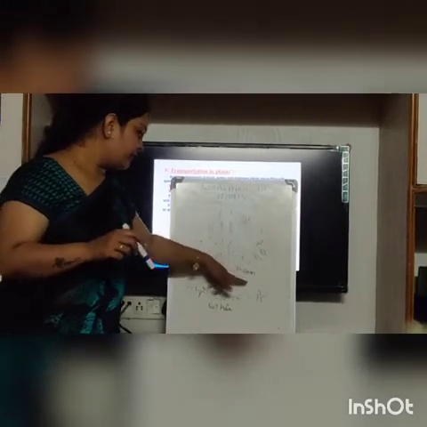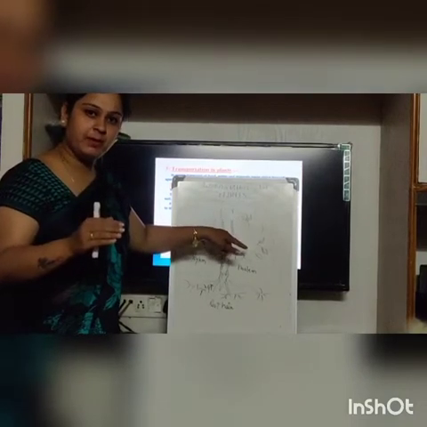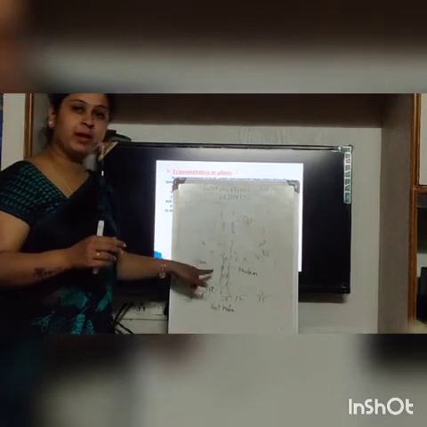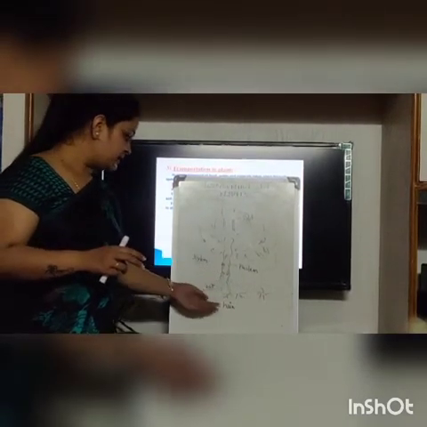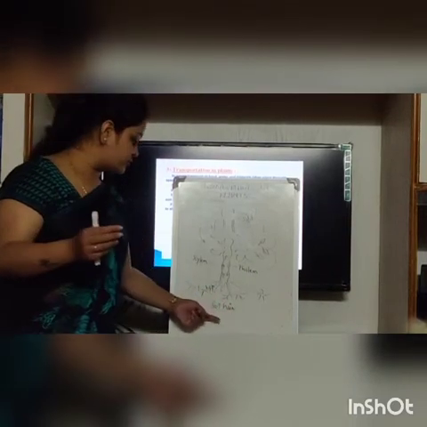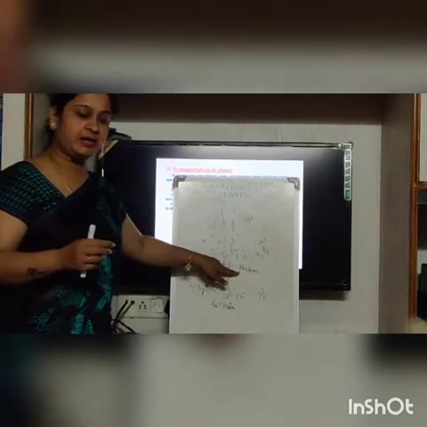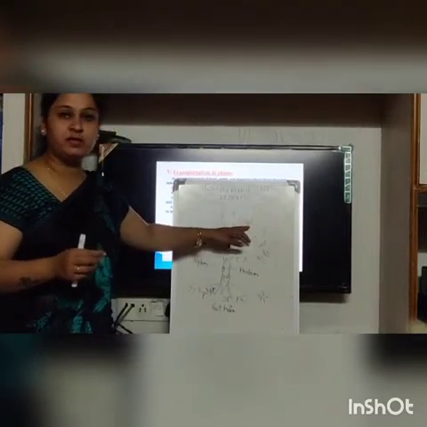So via phloem, all the food which is prepared by the leaves is transported to the whole body of the plant. Basically, the main function here is that xylem is taking nutrients from soil to the whole part of the body, and phloem is carrying all the food which is prepared by the leaves to the whole part of the tree.